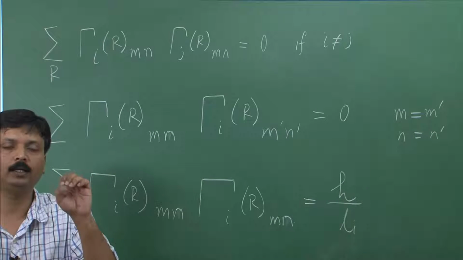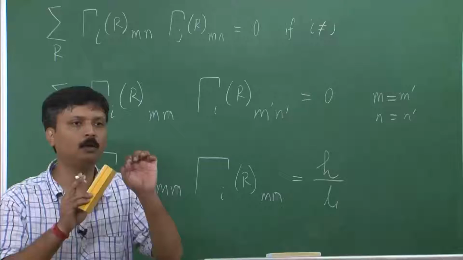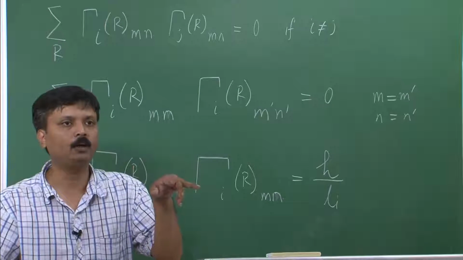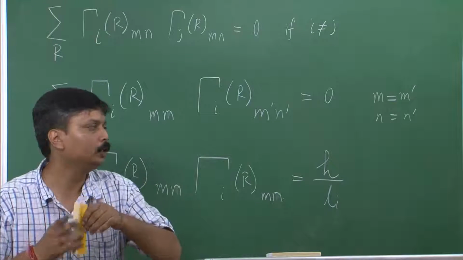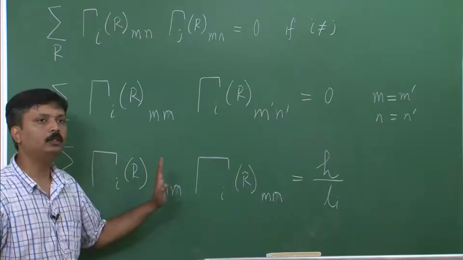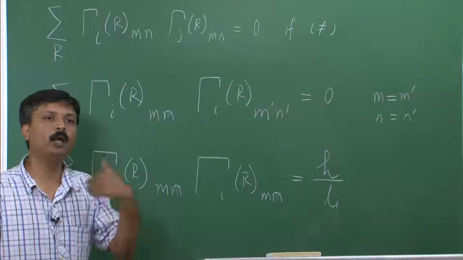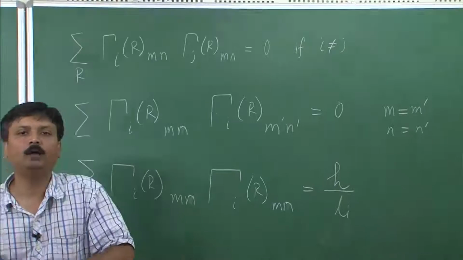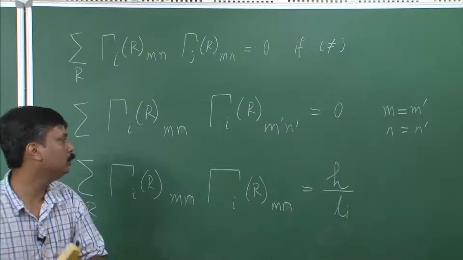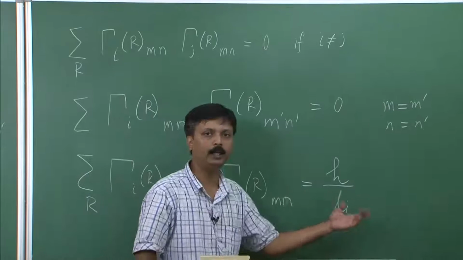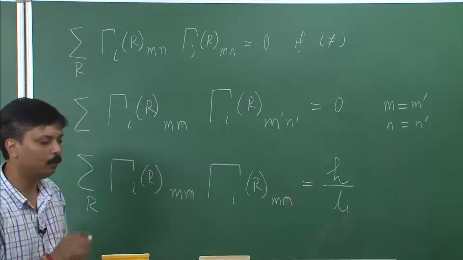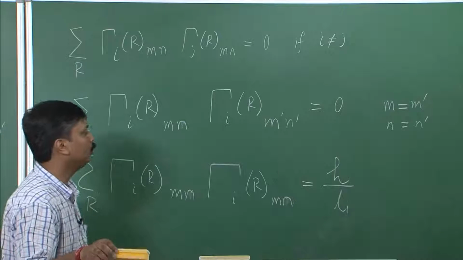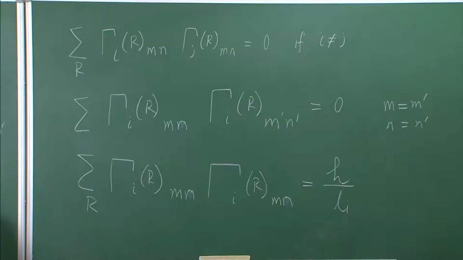Taking all these elements, one from each matrix in the set of matrices which gives the representation of the group, they behave like a vector. So this is the square of the length of the vector, and that is equal to h by li, where li is the dimension of the representation and h is the order of the group. So these three equations will be very useful for us.